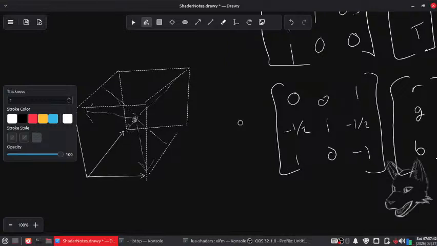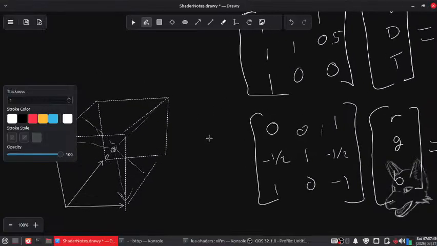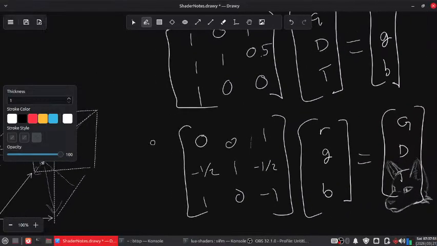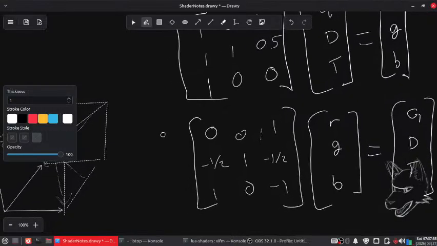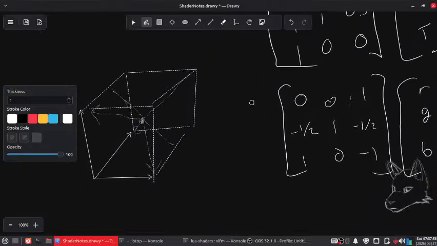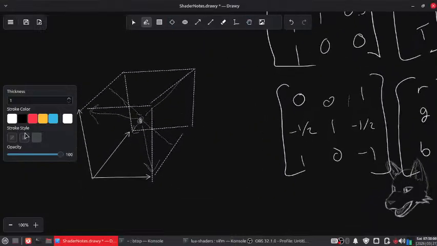But how is this 1 though? How is it positive gradient? I don't understand how that's positive gradient.